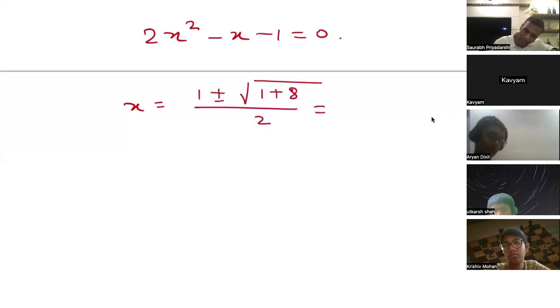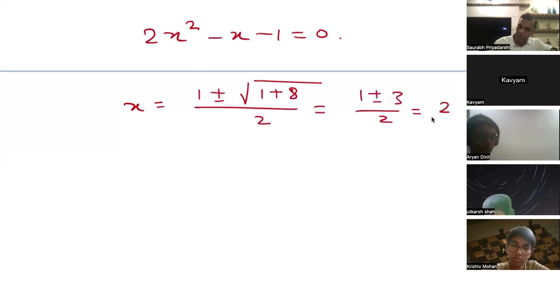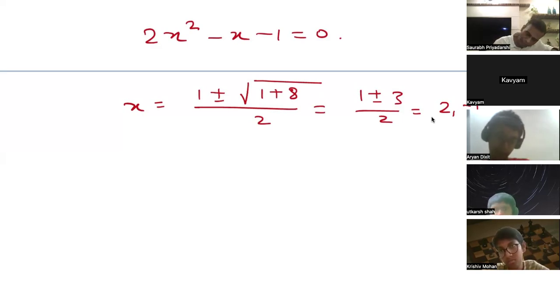Exactly what you are getting: 4 by 2 is 2 and 1 minus is minus 1. Two values I am getting: one value is 2 and the other value is minus 1. So our characteristic roots are alpha and beta, x1 and x2.